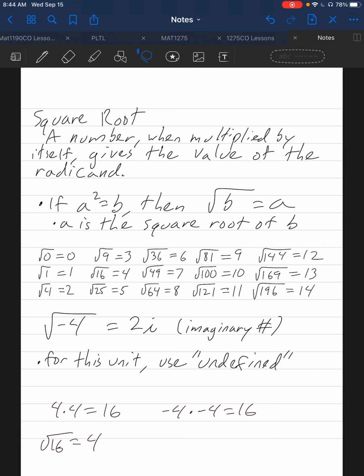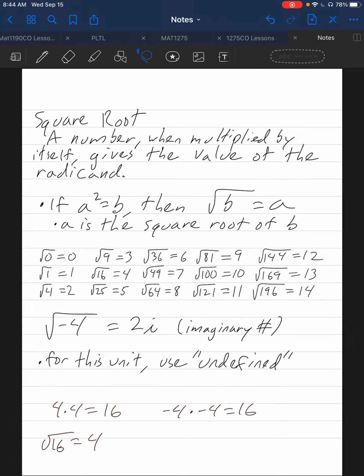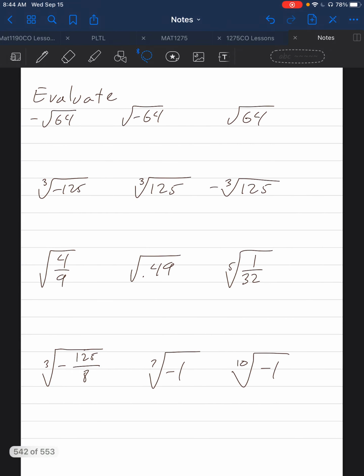So for this unit, it is not going to be possible to have a negative inside of a square root symbol. All right, so anytime this is encountered, the answer will be undefined. So let's evaluate some radicals here.